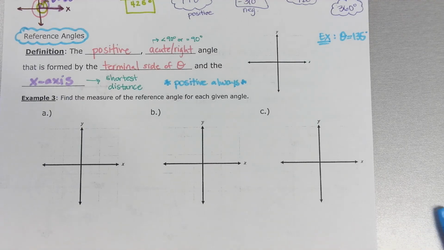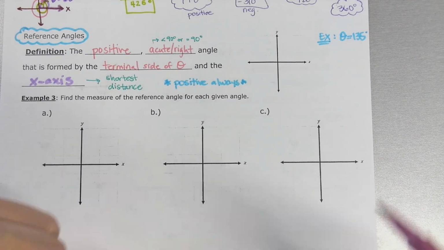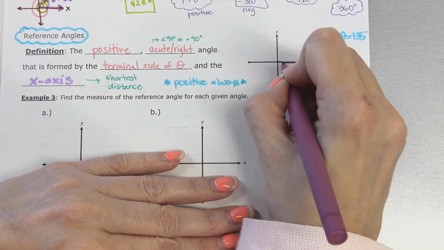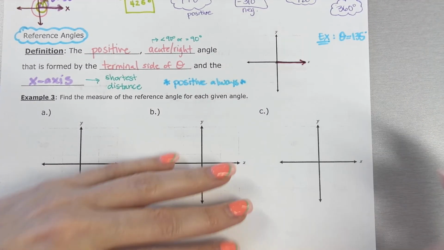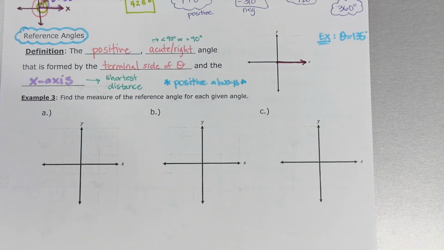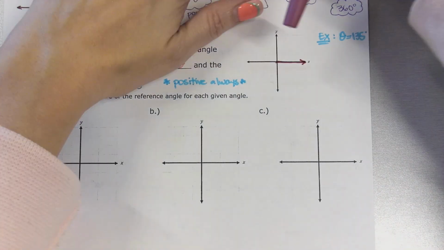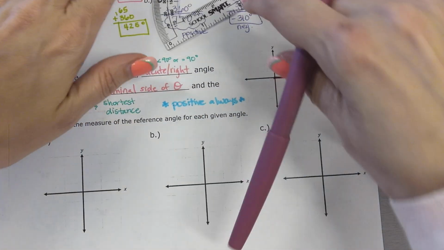So theta equals 135 degrees. So I'm always starting with my initial side. The initial side is always here at 0 degrees. Now, I've been thinking to myself, where is 135, right? It's been a while since geometry.